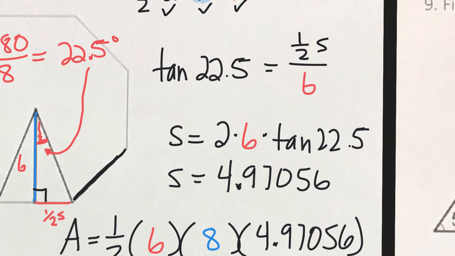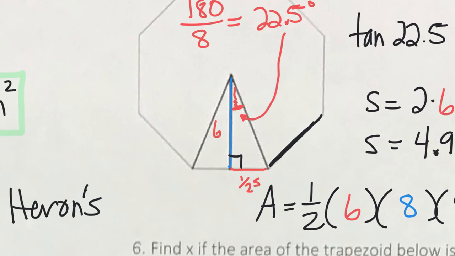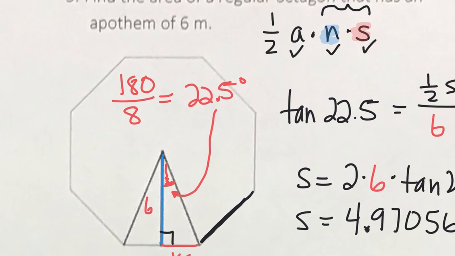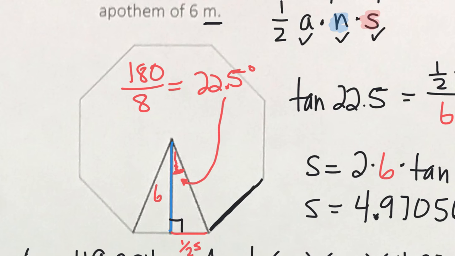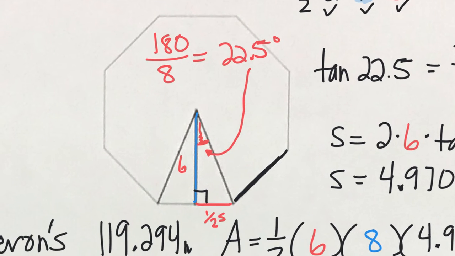119.294 is what my calculator says, and looks like we have meters as the units, so square meters. If you rounded back where you found your side length, you're going to get a slightly different answer.